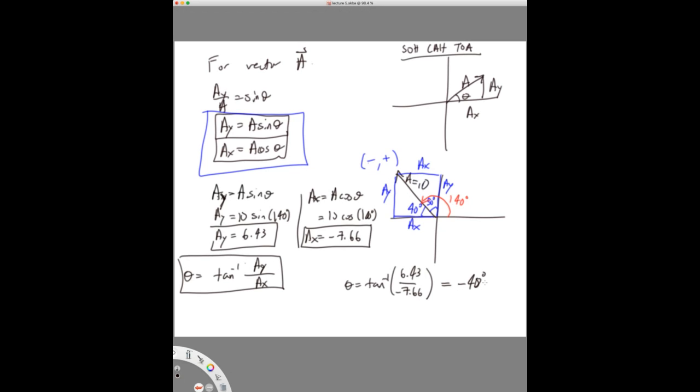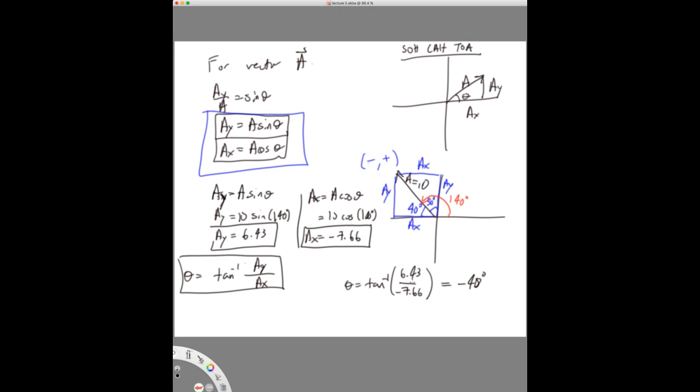Now, unfortunately, this is a weakness of calculators when it deals with inverse trig functions. And you don't have to think too much about mathematically why this is. But basically, the calculator gets the angle wrong 50% of the time, okay? 50% of the time, it's correct, and 50% of the time, it's incorrect.